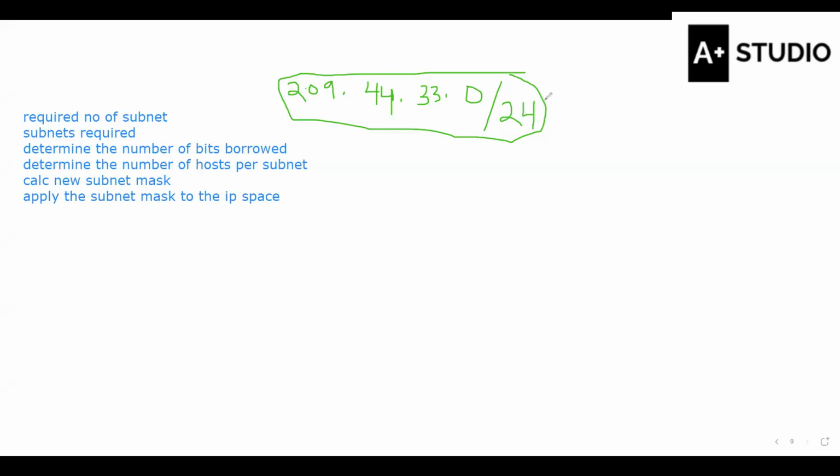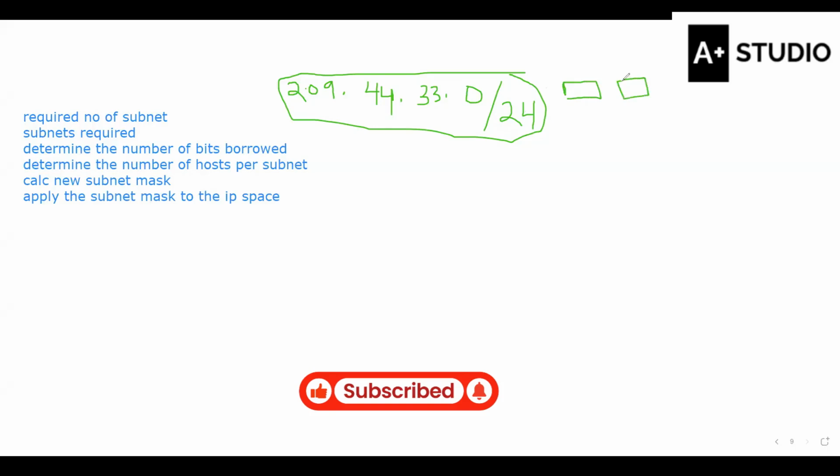So this is telling us that 24 bits are turned on for the network. So when we are to draw this network, let's say this is our first octet, that is 8 bits. Second octet, 8 bits. Third octet, 8 bits, and fourth octet, 8 bits.